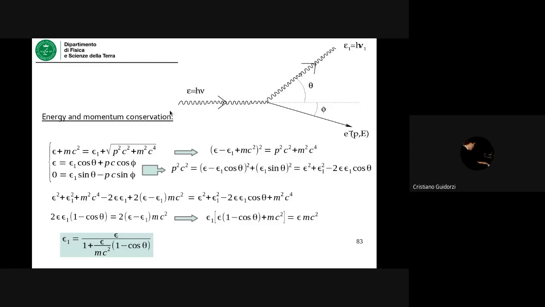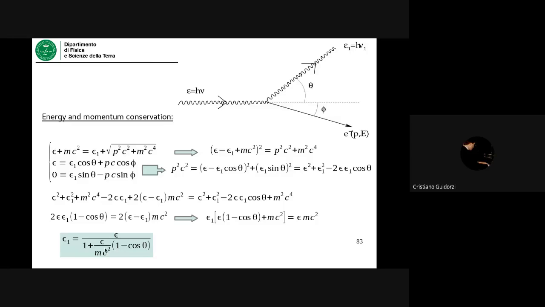In that case, you have the highest energy transferred from photon to the electron, because in this case there's just a factor of 2. But you also immediately see that what gives you the scale of how the denominator can be larger than 1 is just this ratio: the ratio between the initial energy of the photon and the rest energy of the electron.